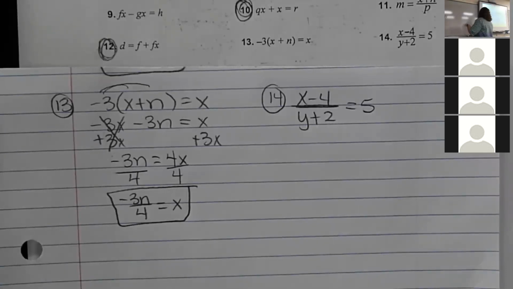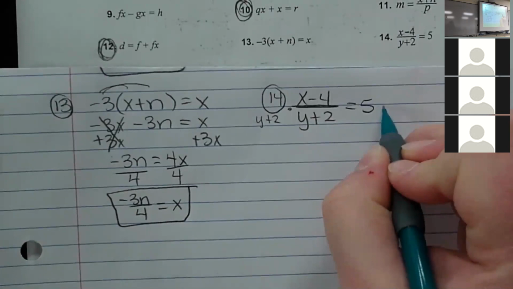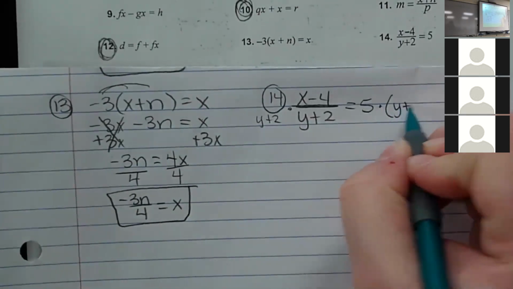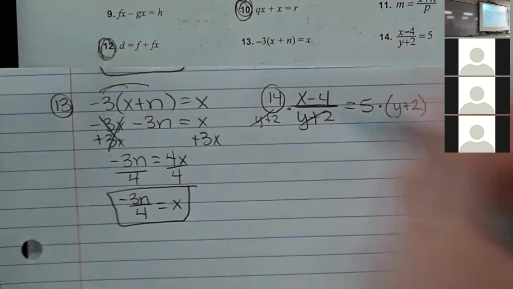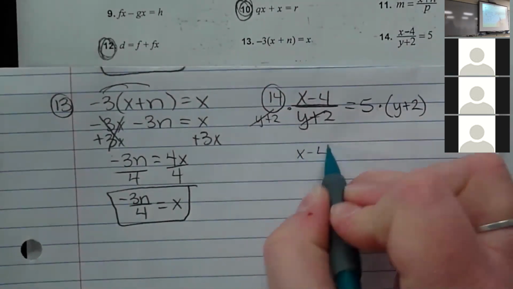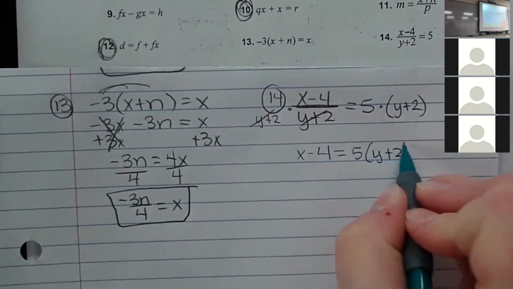So I'm dividing by y plus 2, so now I'm going to multiply by y plus 2 on both sides. When I do it over here, because it's 2 things, you have to put it in parentheses, because I want to make sure that I'm multiplying the entire thing by the y plus 2. So these are gone. I have x minus 4 equals 5 parentheses y plus 2.